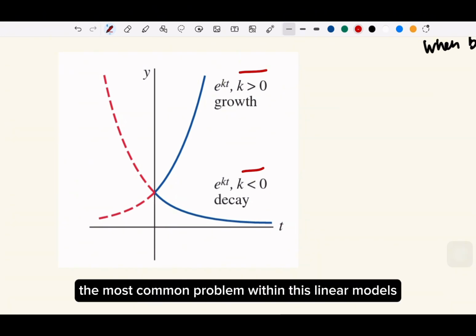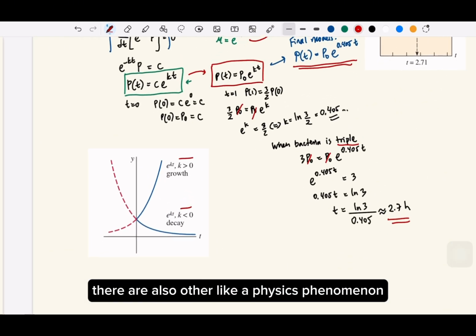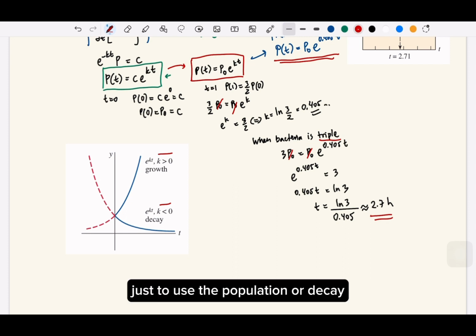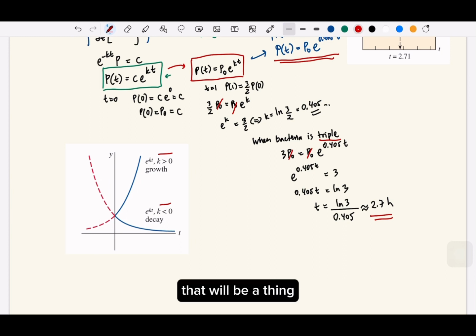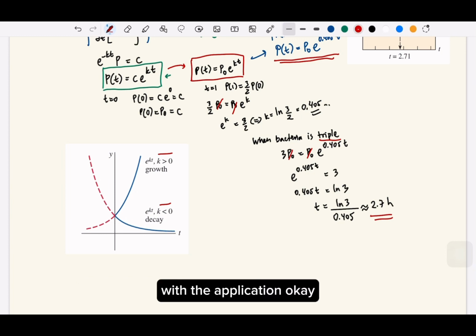So that is the most common problem within these linear models. Aside from that, there are also other physics phenomena, but I think just using population or decay will be a good method to relate what we have done so far with the applications.